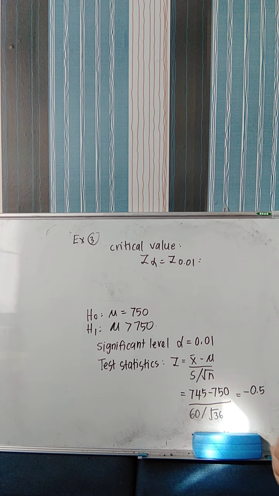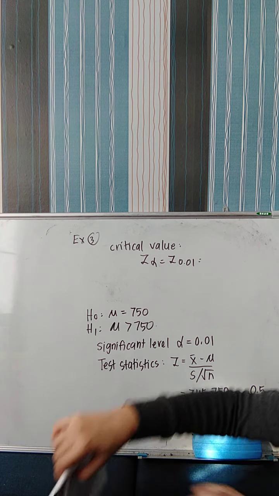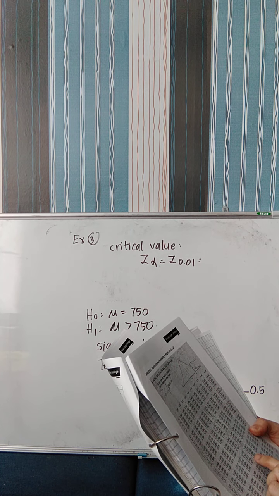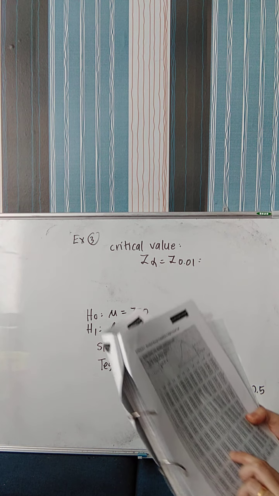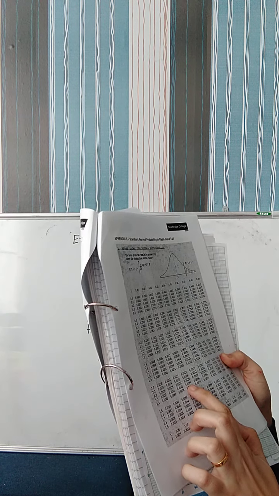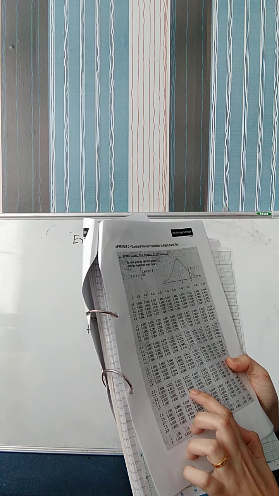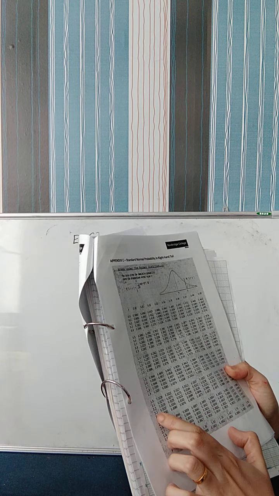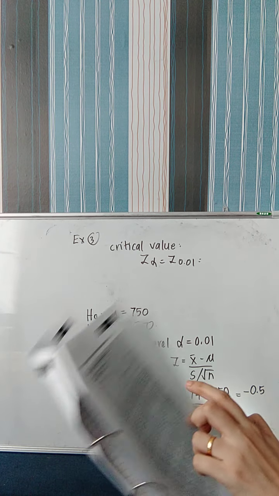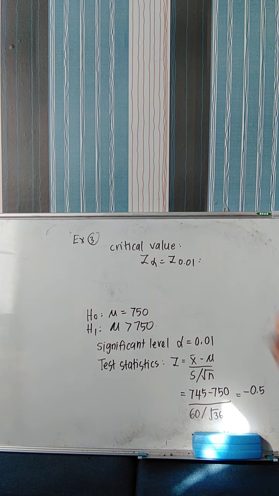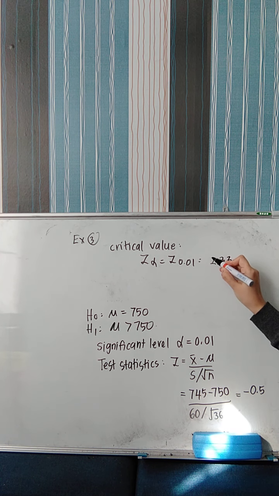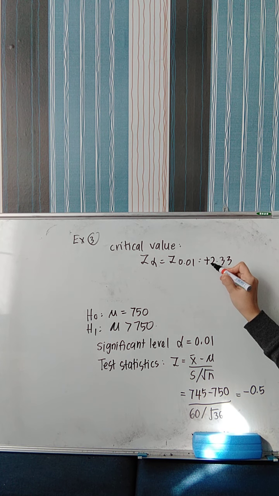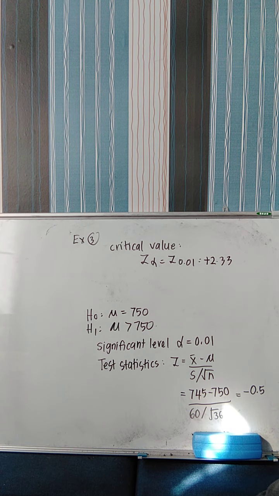Read from the normal distribution table. 0.01 is approximately 0.0099, and 0.0099 is 2.33. So your answer is 2.33. And for the symbol, because this is more than, here it is a positive value, 2.33.